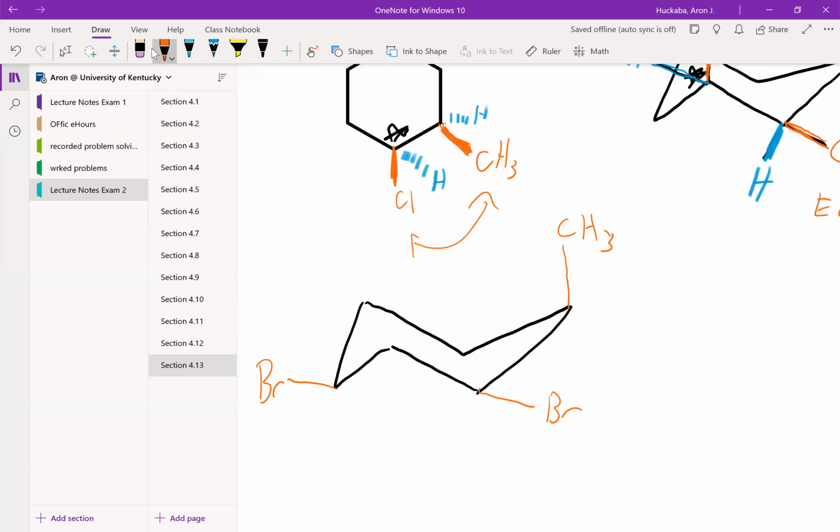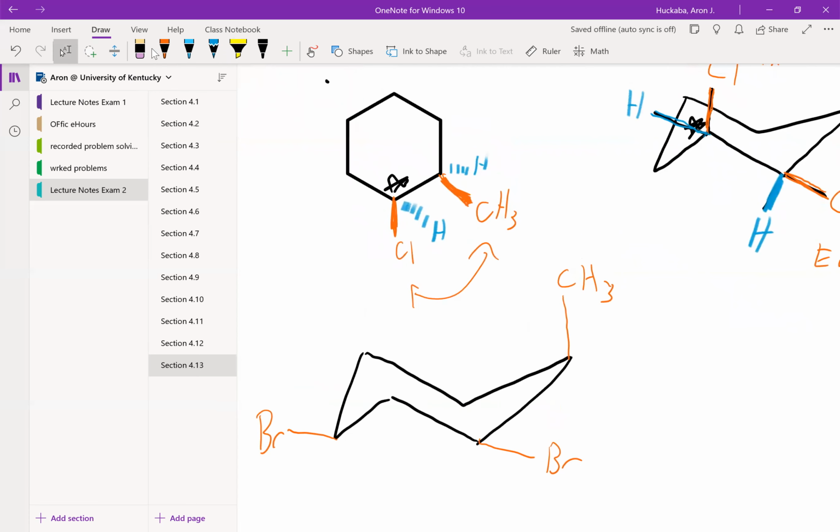Now, the first thing I would do here is exactly like what we did in the previous example, where I would draw the hydrogens in that we're missing. That way we don't lose track of them. So that's an equatorial one. Well, I guess I drew that in the wrong place, didn't I? It should be parallel.